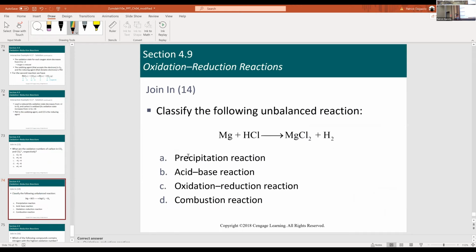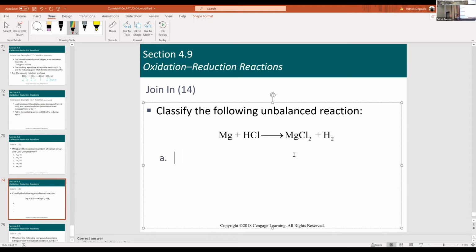So yeah, cut to the chase, it's a redox. Cool. Now let's solve it. Let's see what's being oxidized, what's being reduced. All right, magnesium. What is the oxidation state of magnesium here? 0. Elemental form, 0. What about chlorine here?